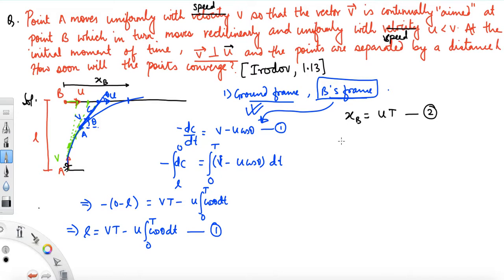And now if we consider the motion of A from the ground frame, let's say this is XA.